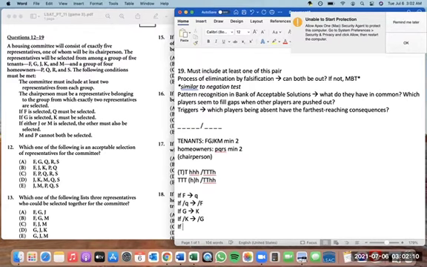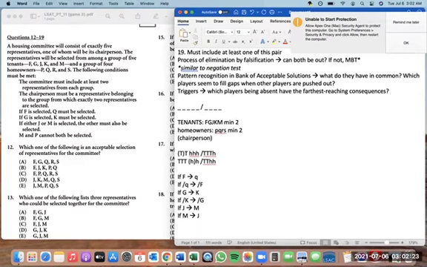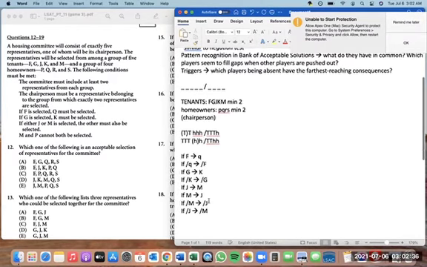If either J or M is selected, the other must also be selected. So this one is going to be a biconditional. So if we have J, then we have M. If we have M, then we have J. If we look at our contrapositives, right, if not M, then not J. And if not J, then not M. We could also take that whole rule and just say M and J are stuck together.